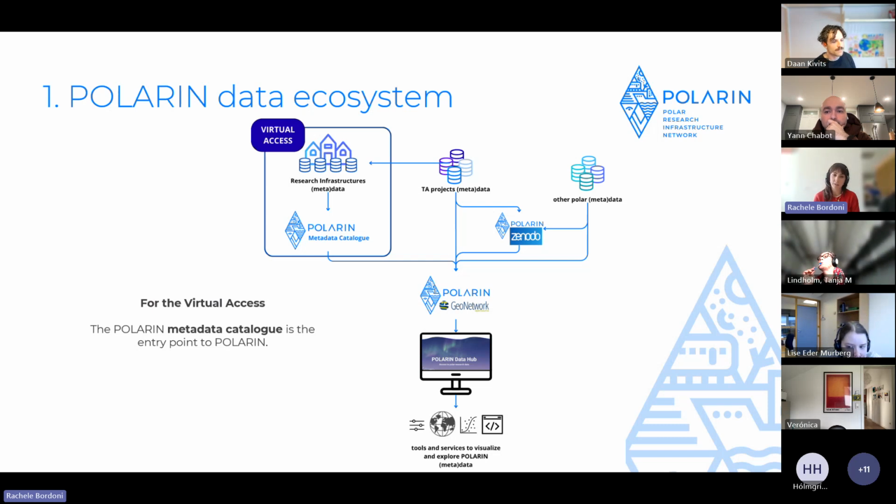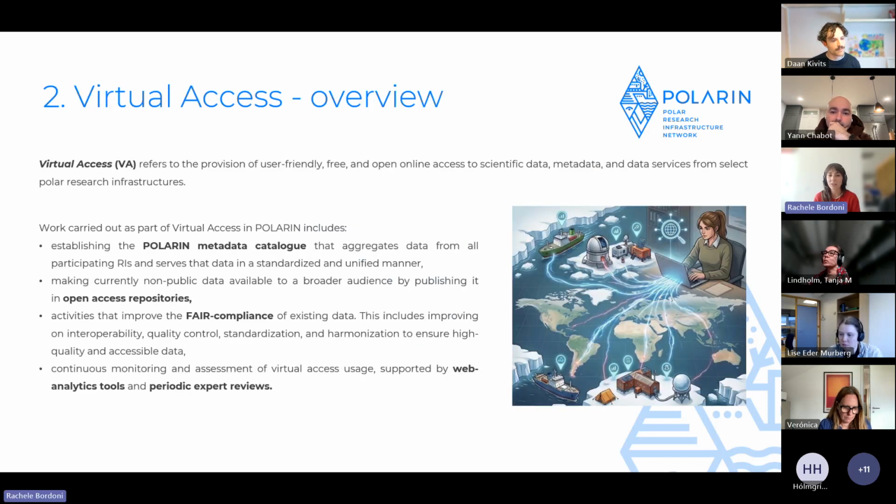Once we have the data and metadata, they flow into the POLARIN GeoNetwork that sets the basis for the POLARIN data hub, which serves tools and services to visualize and explore data and metadata. As Dan already mentioned, the virtual access refers to the provision of user-friendly open online access to scientific data, metadata, and data services from a set of selected research infrastructures.